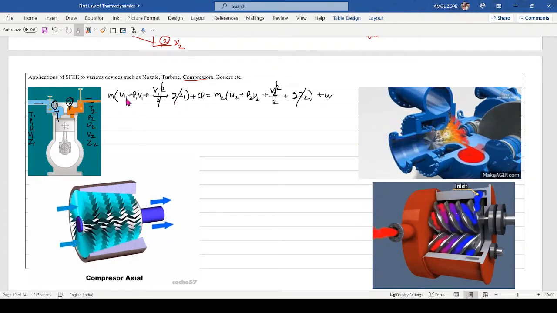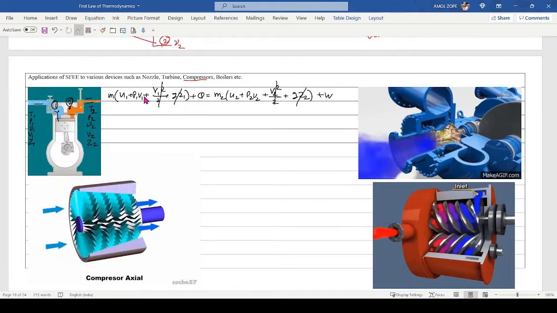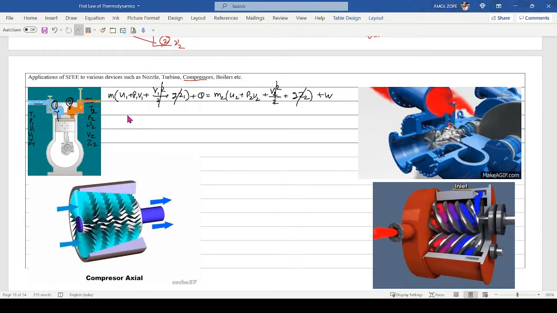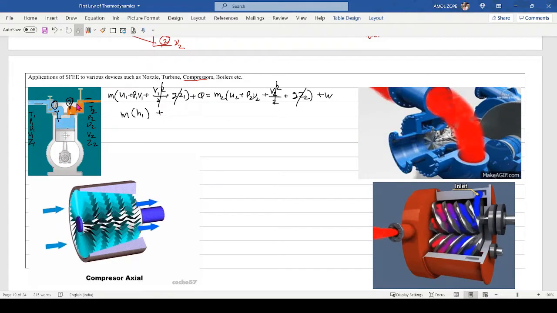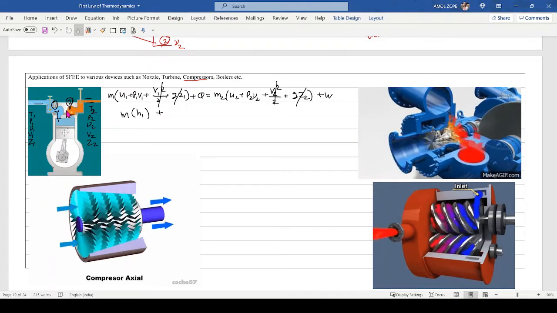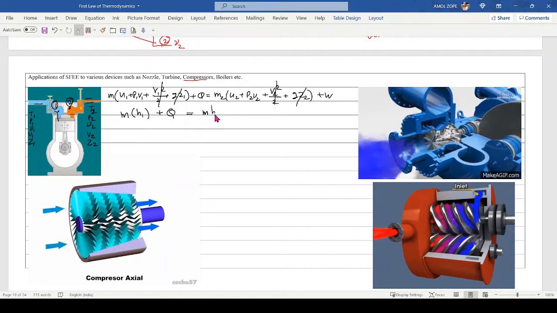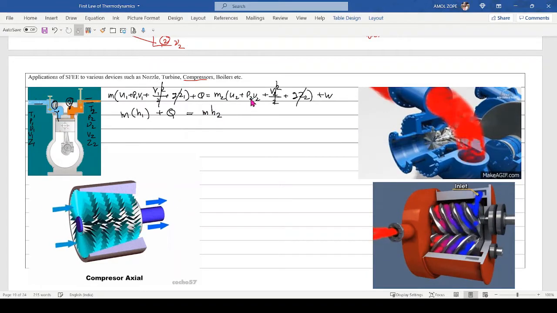Then what about u1, p1 v1? Okay, so I will write down mass into h1 plus, in some cases because of the compression process we can think about the heat transfer, is equal to mass into enthalpy, m h2, plus work transfer.